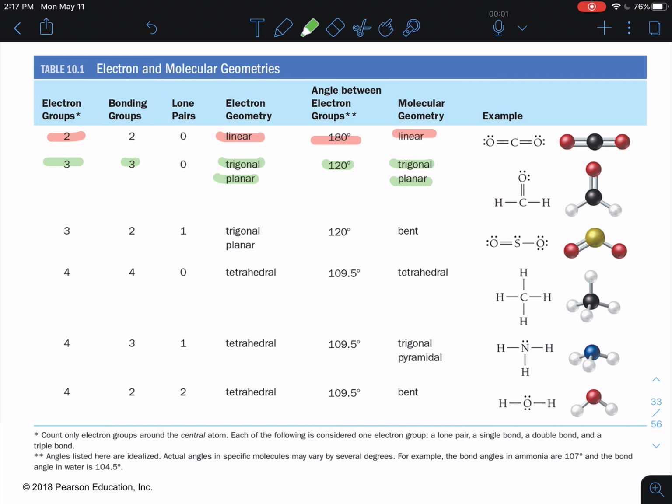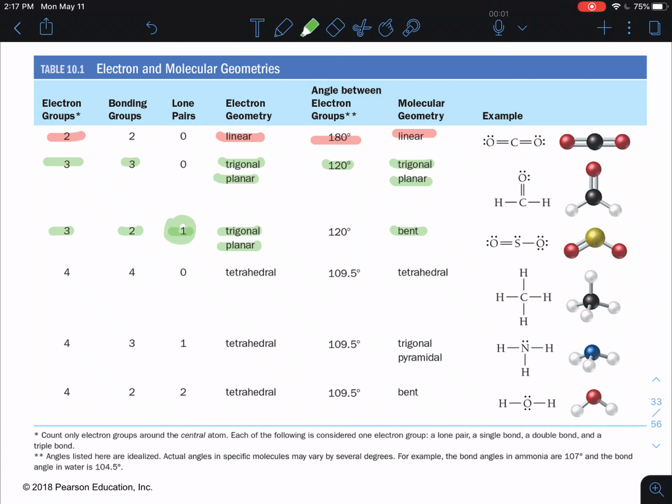But if 2 of those electron groups are bonding groups, and 1 of them is a lone pair, we're still in the trigonal planar electron geometry, but we're now going to have a molecular geometry of bent. And again, that's because we have 1 lone pair associated with it.